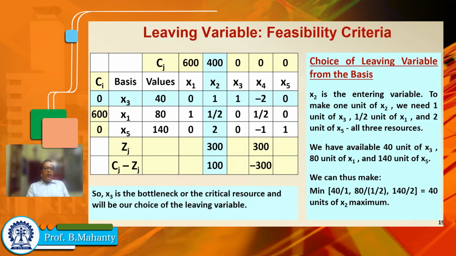So what exactly do we have to do then? x3 will now be replaced by x2. So x2, x1 and x5 in that order should now form the unity matrix. So these 1, half and 2 should be transformed to 1, 0, 0. So 1, 0, 0 with x1 0, 1, 0 and x5 0, 0, 1.